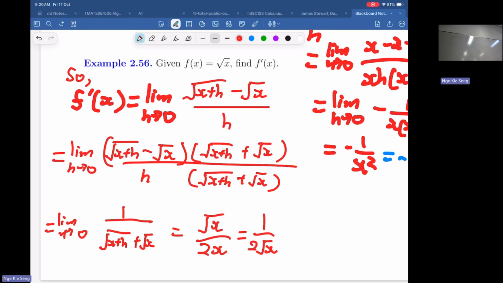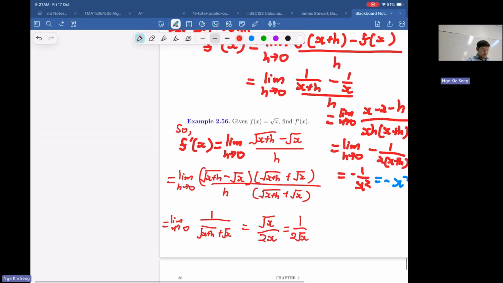When you do this kind of calculation, you will always hope that you can remove the h in the denominator after some modification. Okay, so is everyone happy with this calculation? Any questions?